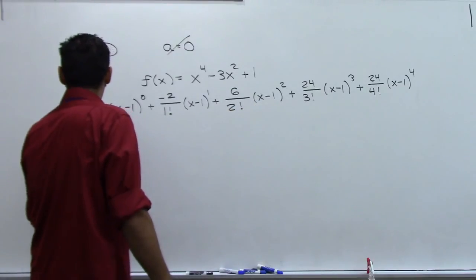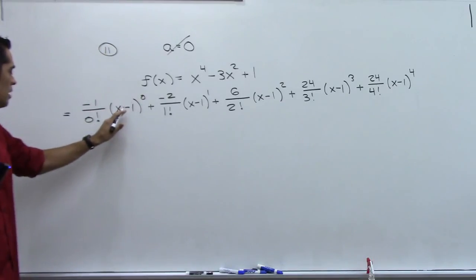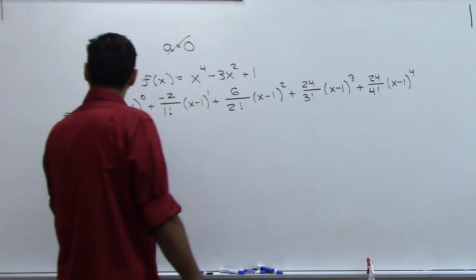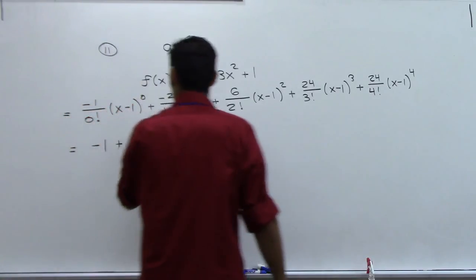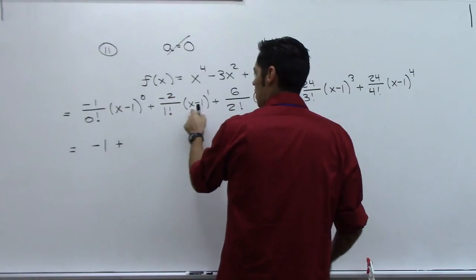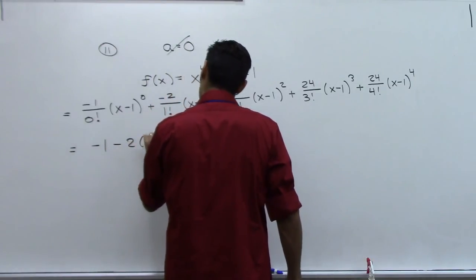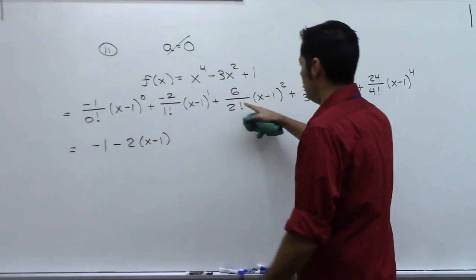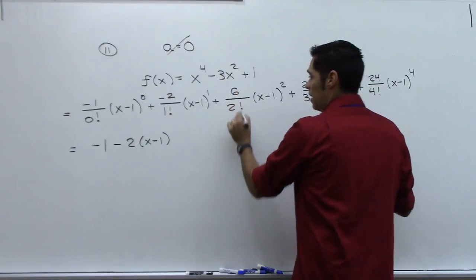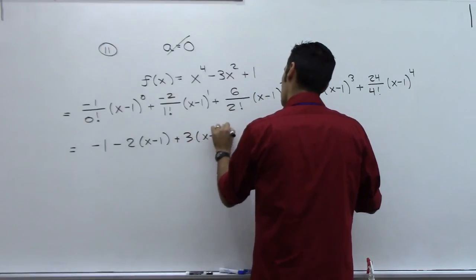All right, let's see what we get here. This is 1, right? Anything to 0 is 1. -1 over 0 factorial is 1, so we should just get -1 here. Plus, let's see, -2 over 1 factorial is -2, and then times x minus 1. So I'm just going to put -2 times x minus 1. And then over here, the bottom is just 2, and 6 divided by 2 is 3, so we get 3 x minus 1 squared.